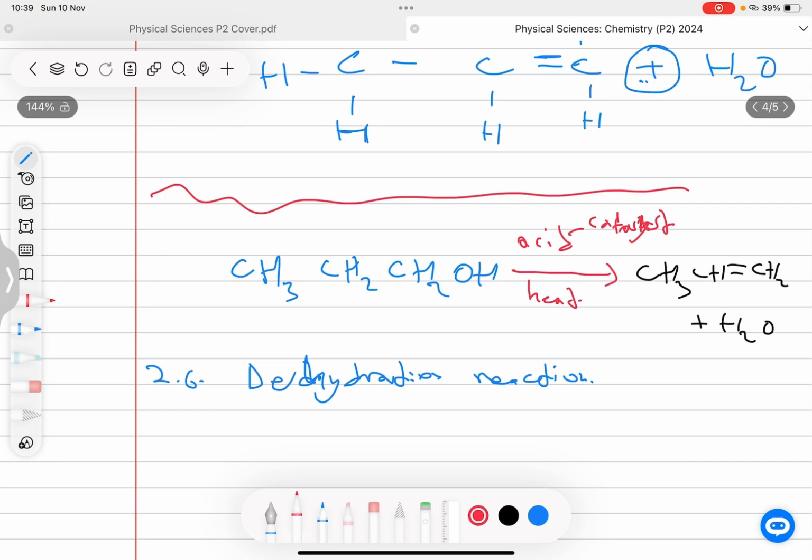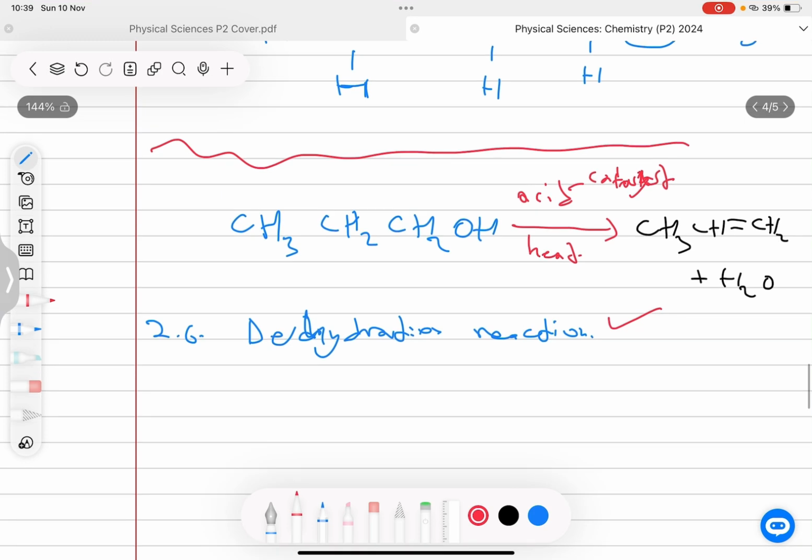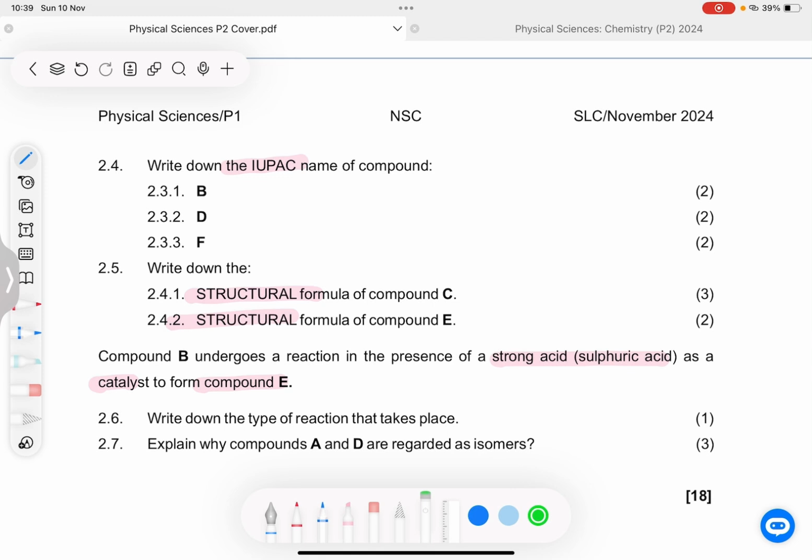Please note that it is correct to say there's an elimination reaction, but be specific to say which type of elimination reaction this is, because if you write elimination reaction, it won't guarantee you a full mark. They'll penalize you. You have to be specific. Remember, there are different types of elimination reactions.